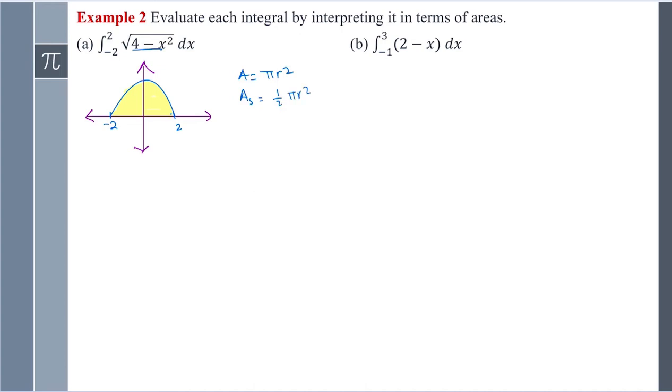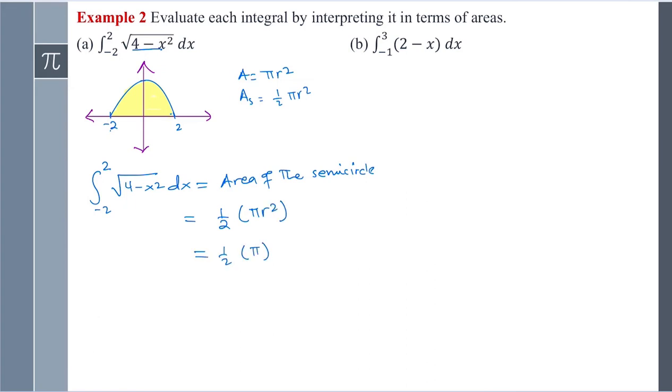So this definite integral from -2 to 2 of the square root of 4 minus x squared dx equals the area of the semicircle, which means 1/2 of the area of the circle, that is 1/2 pi times radius 2 squared, and that gives us 2 pi. So that is the area of that semicircle, or the value of this definite integral.